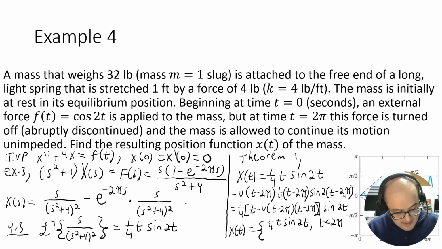And then the other case is 1/2 times pi times the sine of 2t, and this is where t is greater than or equal to 2 pi.